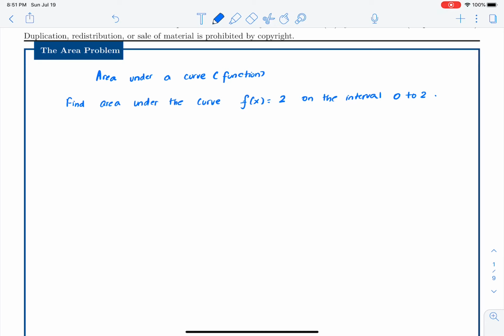I'm going to draw the function. So f of x is equal to 2 is simply y equals 2. So that is the function between 0 and 2.